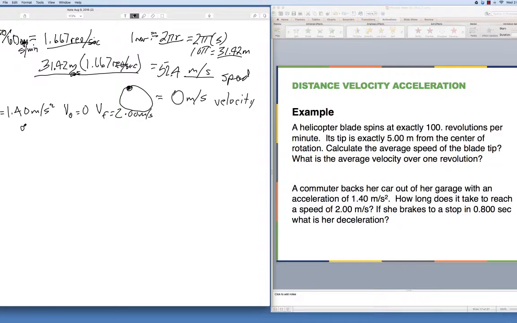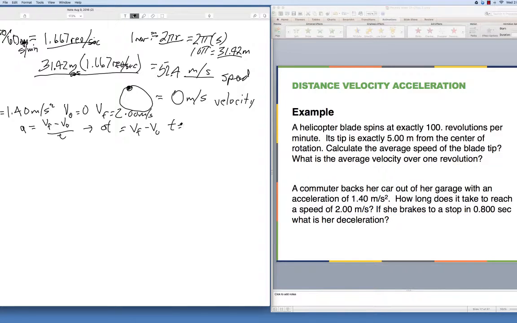And so A is equal to VF minus V0 over T. So AT is equal to VF minus V0.